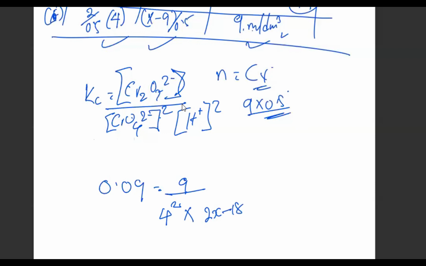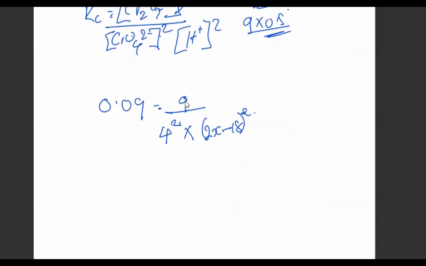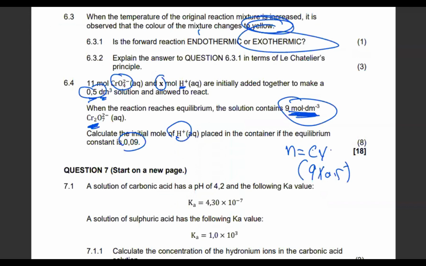Or I just bring it the way it is, so that I remove this fraction. Do you understand? Yes, 2x minus 18 squared. Once you solve for x, you'll find that x is equal to 10.25 moles. So that is how it's supposed to be answered.